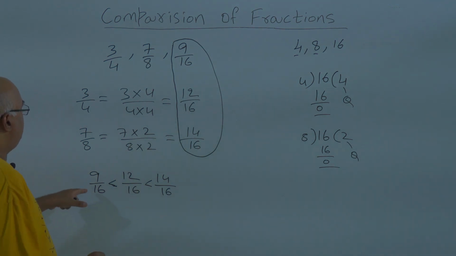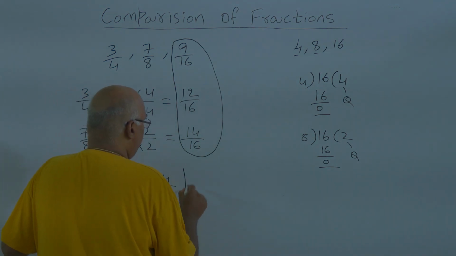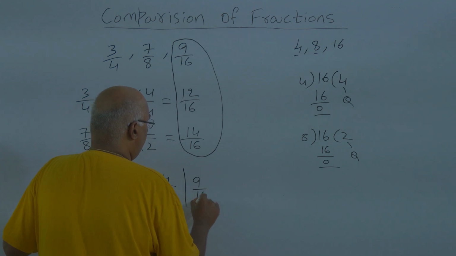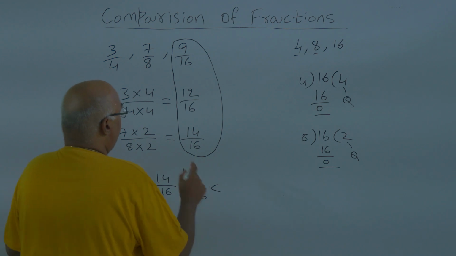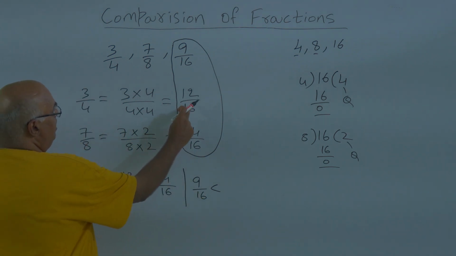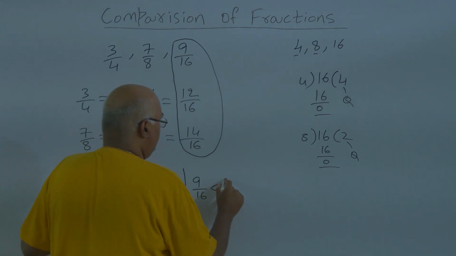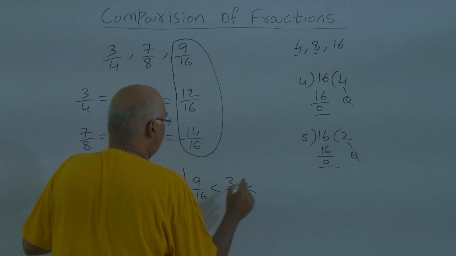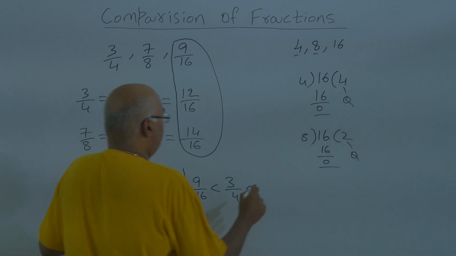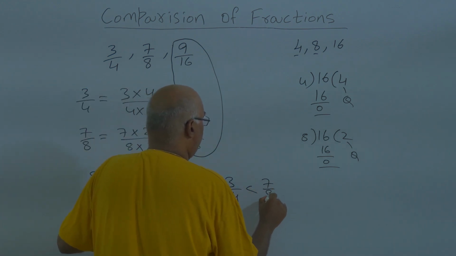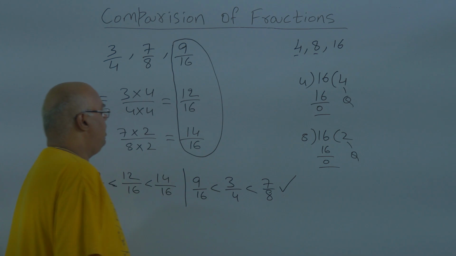Therefore, 9 by 16 is less than 12 by 16, which is the equivalent fraction for 3 by 4, is less than 14 by 16, which is the equivalent fraction of 7 by 8. So, this is the required answer.